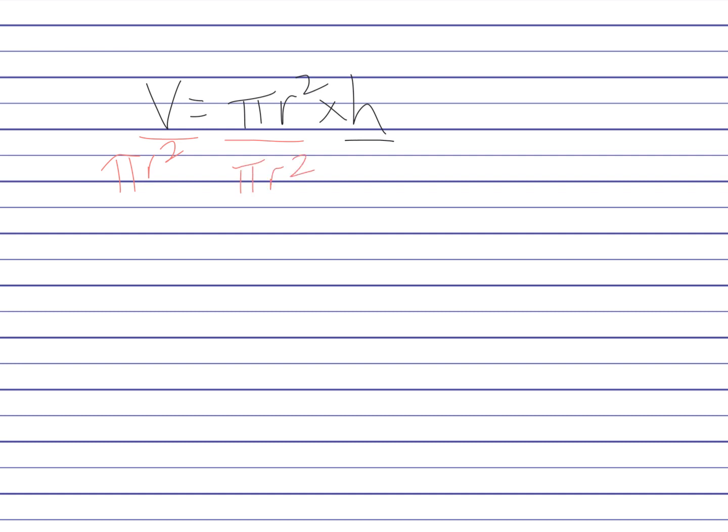Then I end up with V over pi r squared equals H. When we do our formulas, we always put on the left what we're looking for, and on the right the stuff that we know and we're going to use.